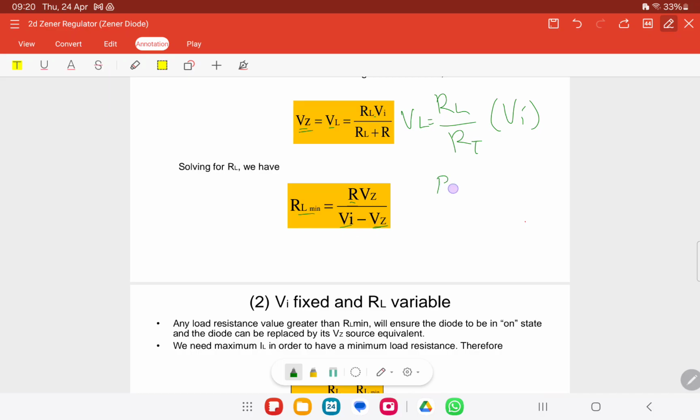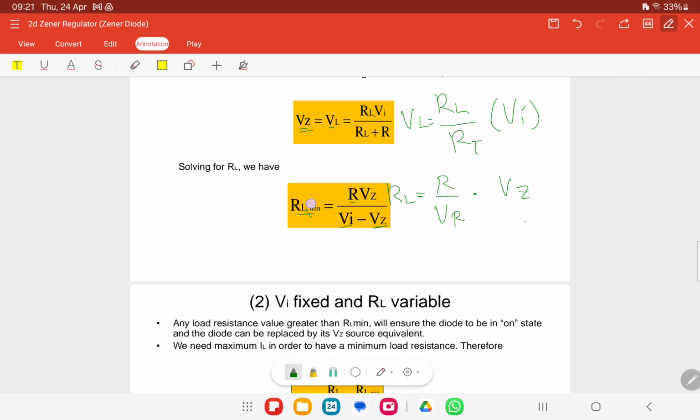This is R over VI minus VZ is VR multiply with the VZ equals to RL min. It is actually comes from the voltage divider formula juga.